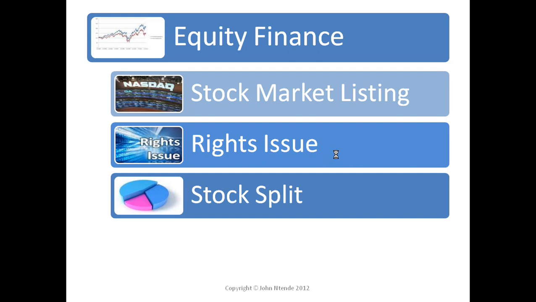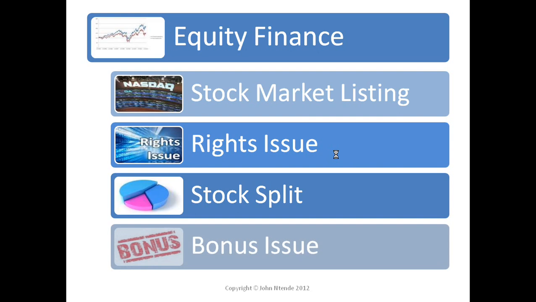A stock split occurs where, for example, each ordinary share of $1 is split into 2 shares of 50 cents each, thus creating cheaper shares with greater marketability. Psychologically, a share of 50 cents is cheaper than a share of $1, so it's mainly done to improve the marketability of shares.